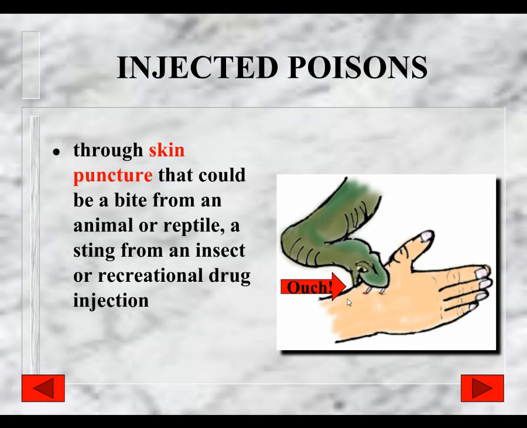Injected poison would be venom through snake bites, spider bites, any of those kinds of things. Through recreational drug use, we can get poisons injected or overdoses of medications. There was a young man that came into the emergency room to see me.